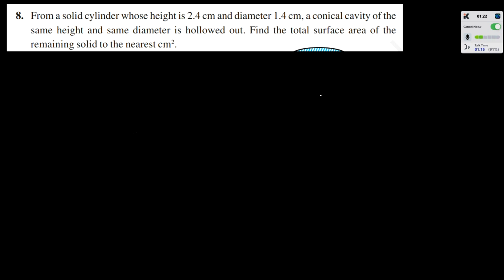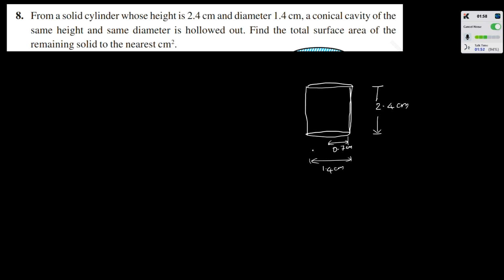Let me draw the diagram first. Assume this as a cylinder, whose dimensions are: the height is 2.4 centimeters and, because the diameter is 1.4, the radius would obviously be 0.7 centimeters.